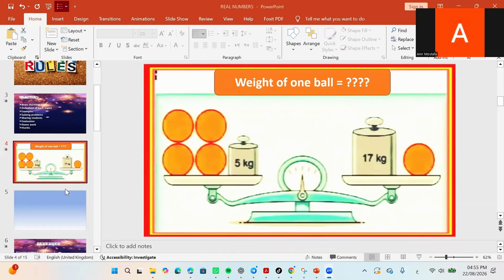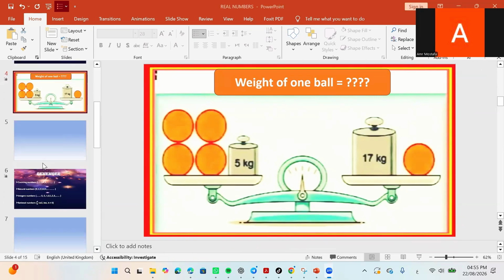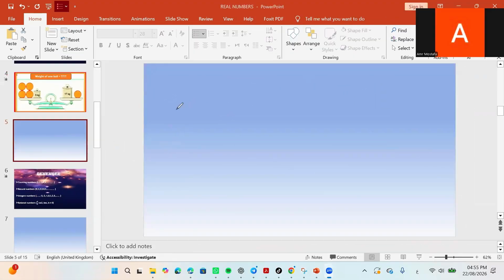In our lesson today, we will study real numbers. Firstly, we took many sets in the previous years. The first one is counting numbers, C. It equals 1, 2, 3, 4, 5, 6, 7, 8, 9, infinite. This is called counting numbers.